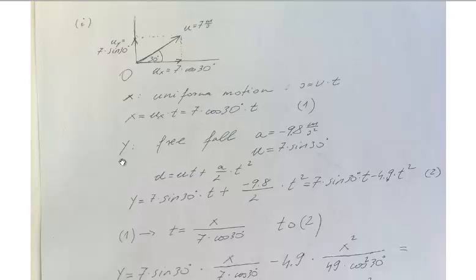Now we calculate y. It's a free fall. Acceleration is minus 9.8 meters per second squared, and the initial speed is 7 times sine 30 degrees.